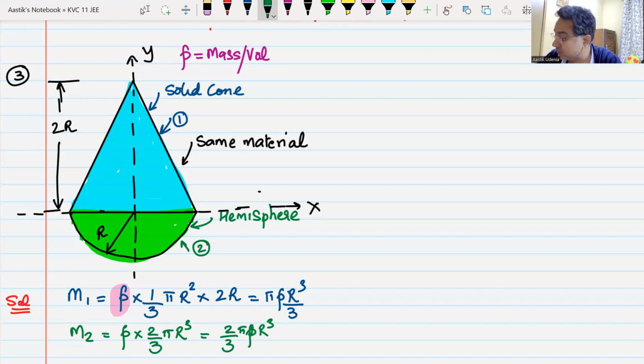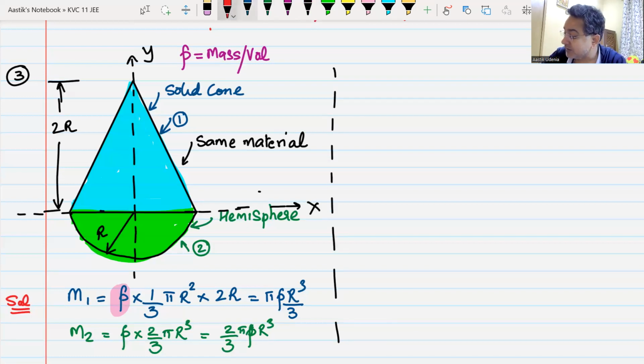Now you can proceed and find out the center of mass. Where does the center of mass of this one lie? You know it from your previous lesson. Where does the center of mass lie from the bottom for the solid cone?